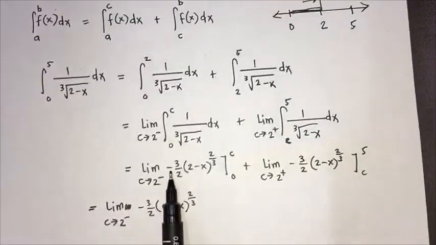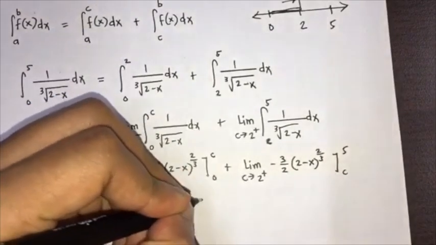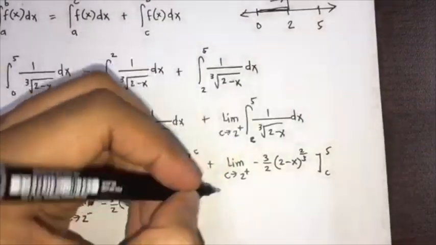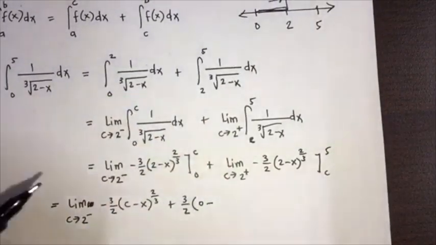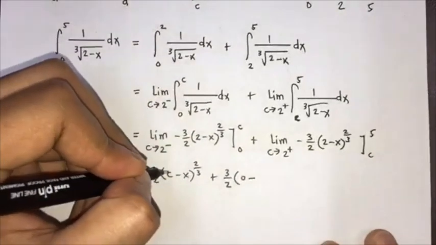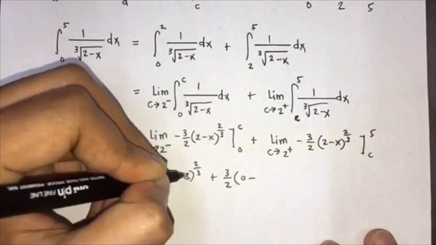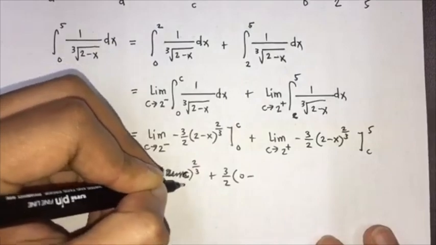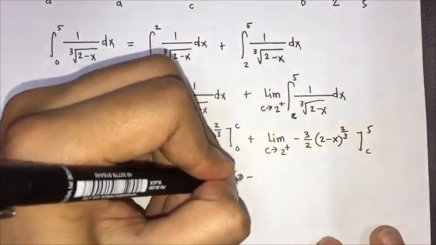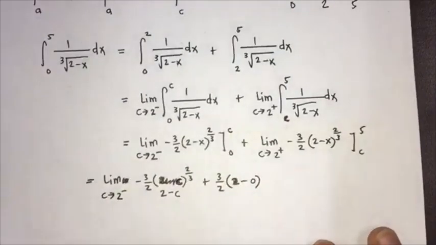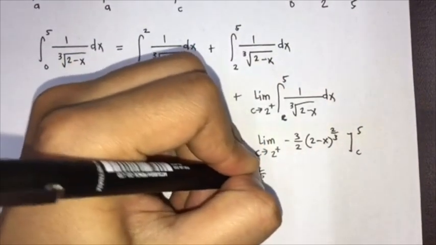And then minus negative 3/2, so that will be plus 3/2, substituting 0, this is 2 minus 0 raised to 2/3.